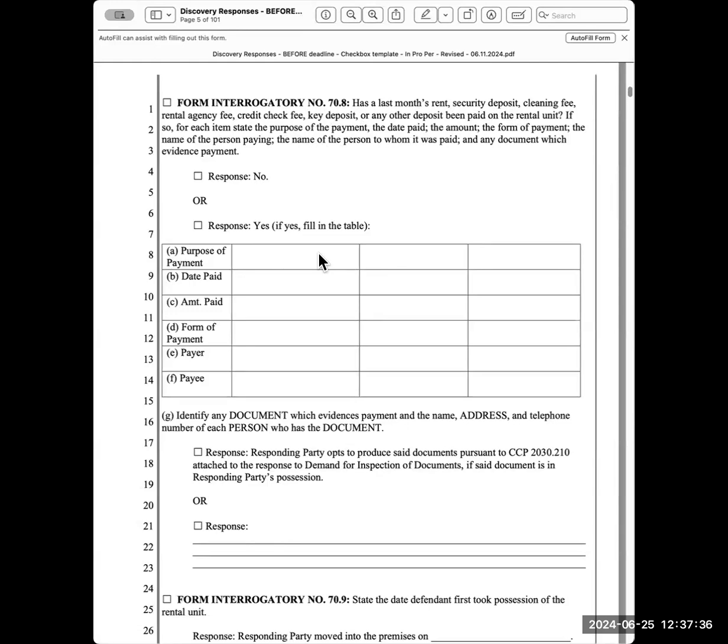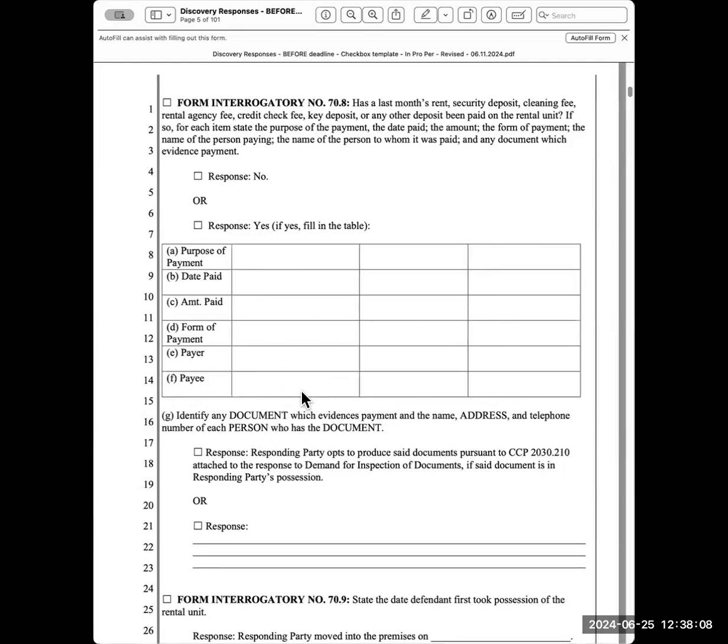Sometimes they have a pet deposit, whatever it is, you put it up here in this line. The date you paid it, the amount you paid, the form of payment. Was it check? Was it money order? Payer is did you pay or did one of your roommates pay? The payee is who received the payment. And then this is for any evidence you have of those payments.